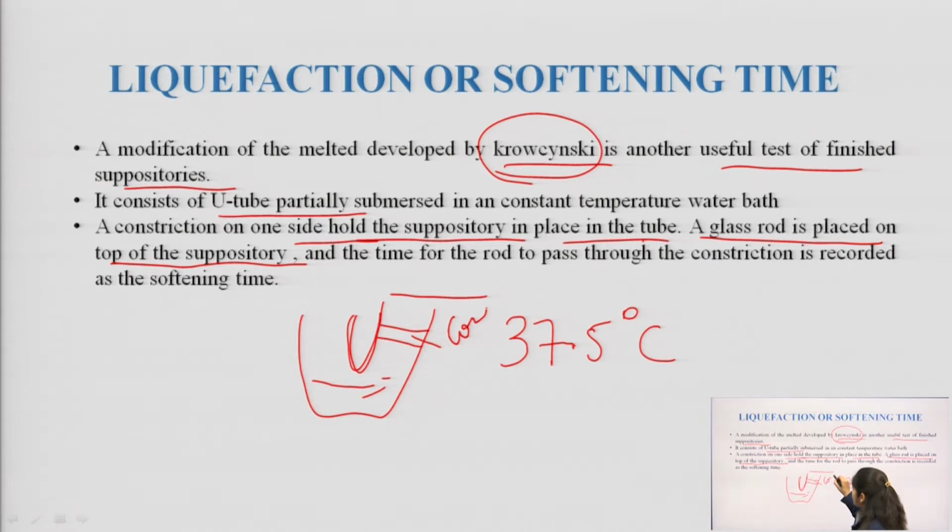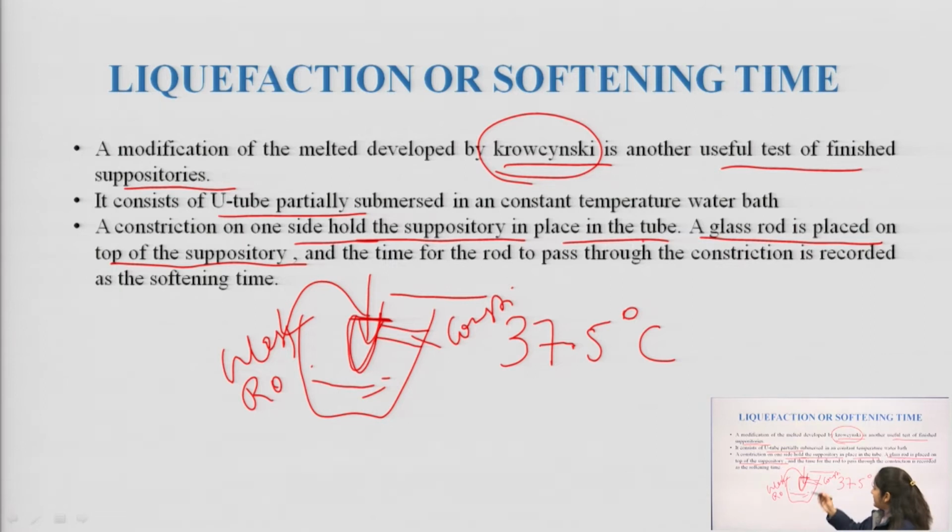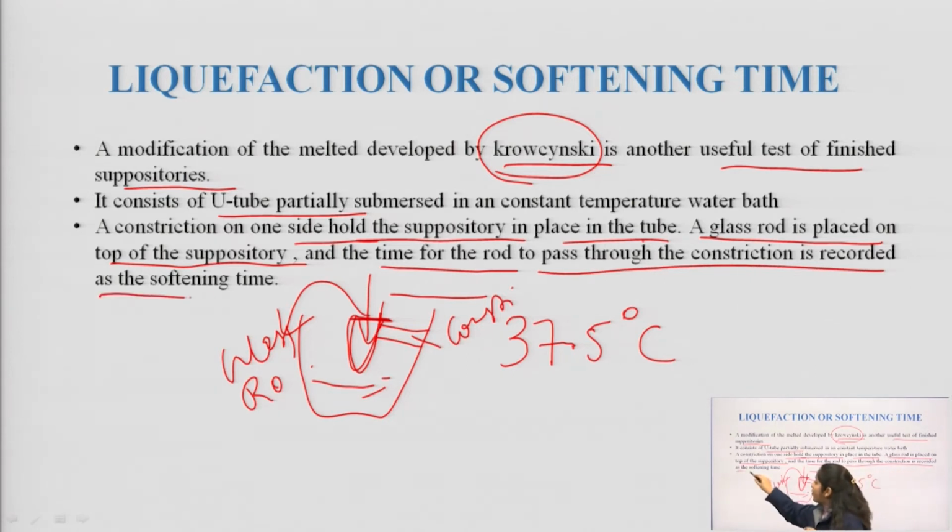Let us imagine that this is a constriction which is holding the suppository properly, and on the other hand we insert a glass rod, or initially touch the glass rod on the surface of the suppository. Then we see the time for the glass rod to pass through the constriction, and that is recorded as the softening time or the liquefaction time of that particular suppository.